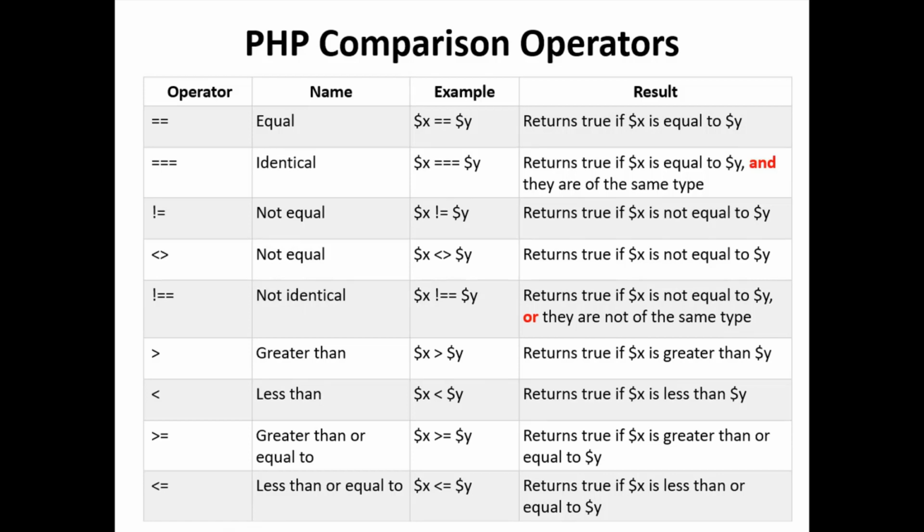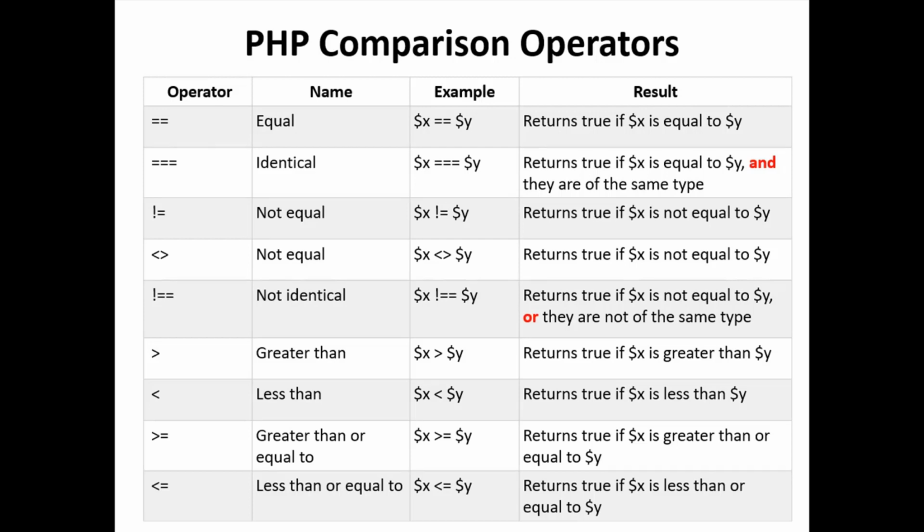Then next is PHP comparison operators, where we are having double equals, which stands for equal, triple equals, which stands for identical, and not equal to, that is exclamation and equal to. So equal gives us true if x is equal to y. Identical means we are checking whether x is identical to y or not.